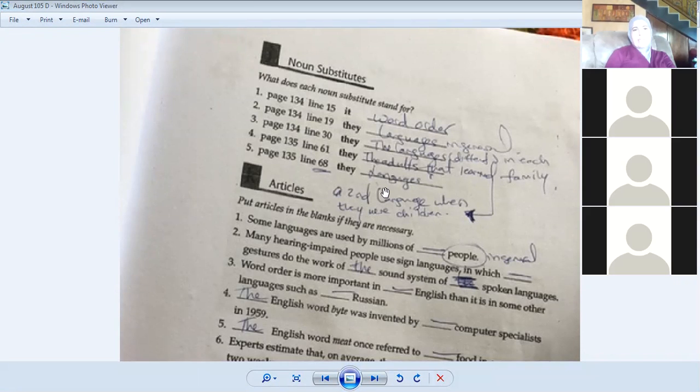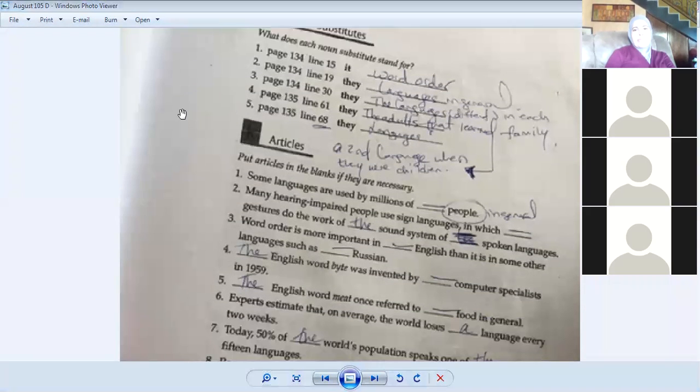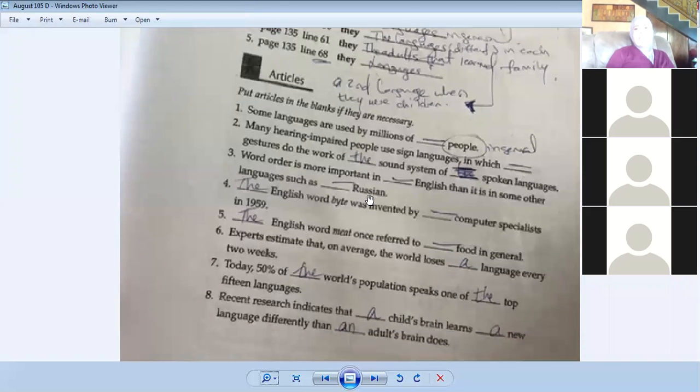The next exercise, guys, is an article exercise. I think we've talked about this before, the use of the, okay? And when we use a or an, who can tell me about the difference between using the, أداة التعريف the, and a and an?